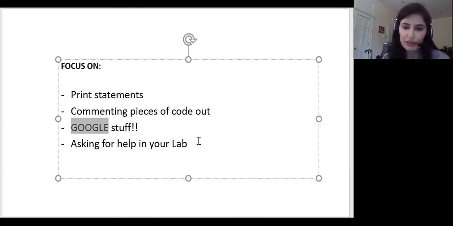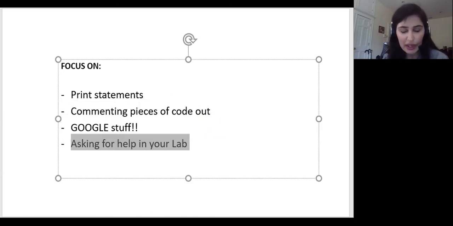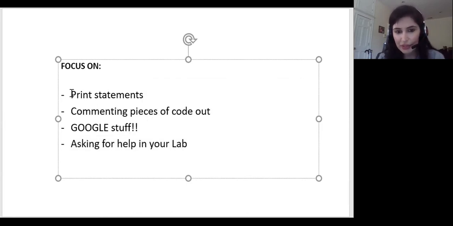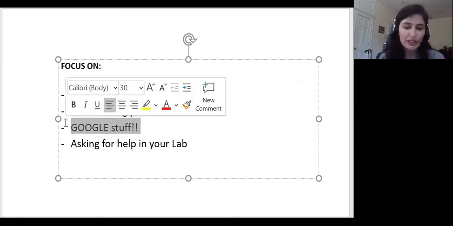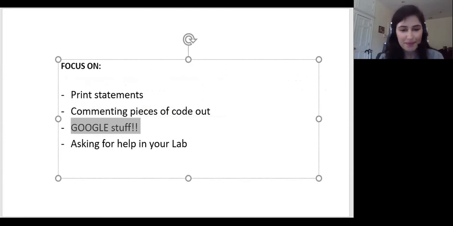And then if you can't figure it out, instead of staying 3 weeks on the same error, it's good practice to ask for help in your lab or to someone that knows how to code. But asking for help is the last stage after print statements, commenting pieces of code out, and trying to Google your error.